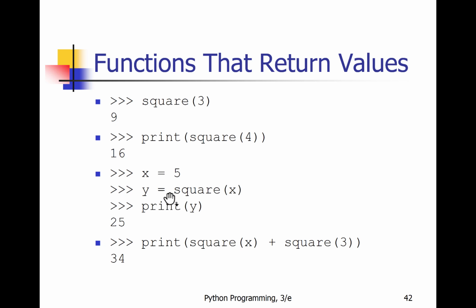And what happens is that this expression for the function call takes on the value of the result when it returns. So you say x = 5, square(x). The returned result is 25, so this expression, square of x, takes on the value of 25. That's what gets assigned to y. We print y, we get 25. So it has a really elegant aspect when you use functions that return usable values.